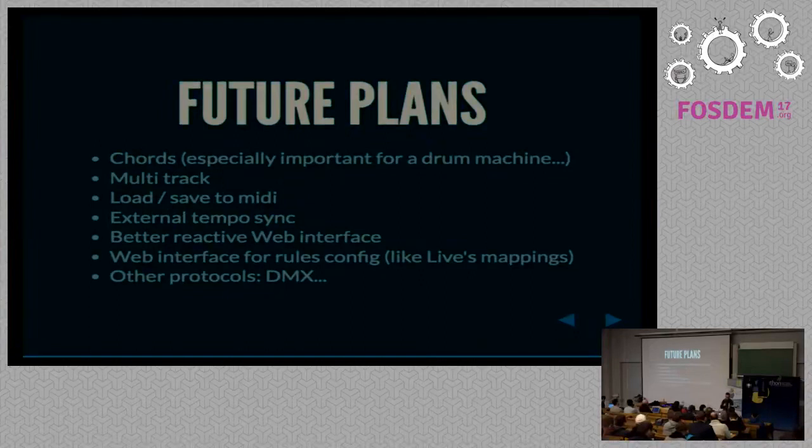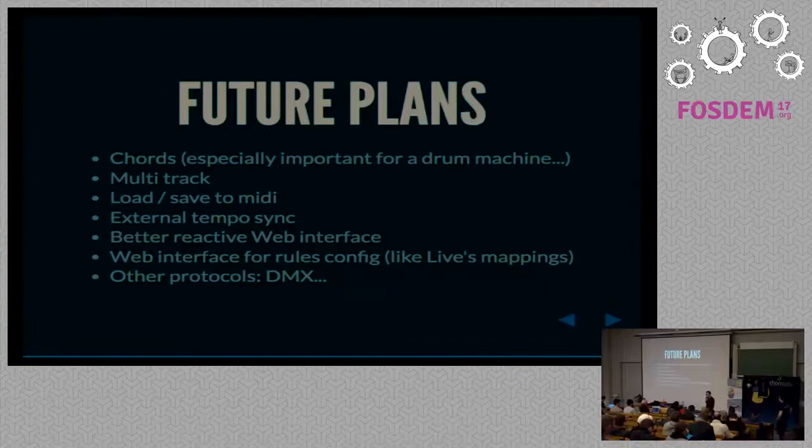So here are some future plans. I would like to implement chords, which are important for a drum machine, for example, because you usually have a kick and a snare at the same time, so that's a chord. And other features like multi-track MIDI, external tempo synchronization, a better web interface, and a rules configuration interface, because for now I have to program it using Python, but some rules are really simple.